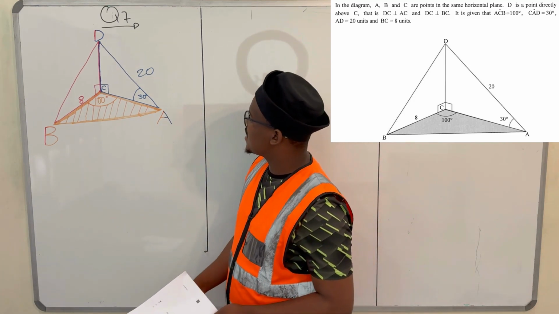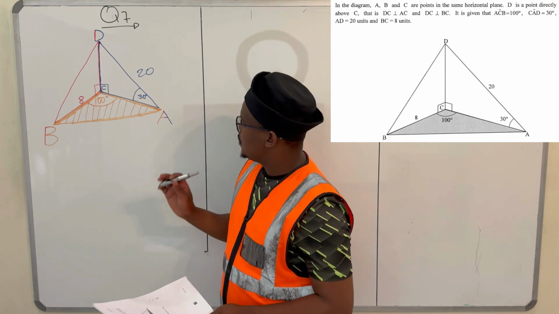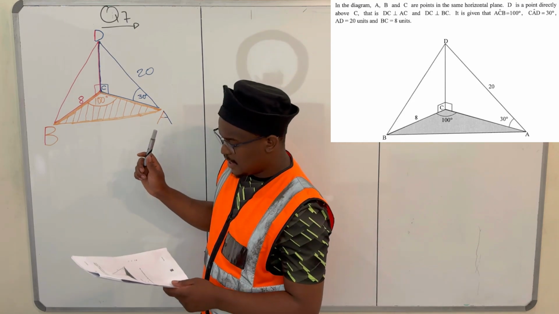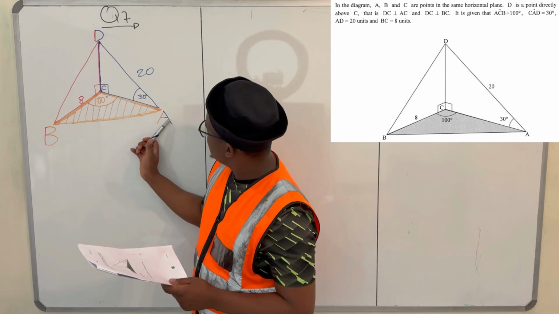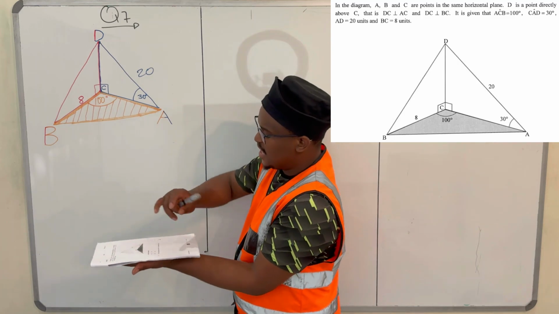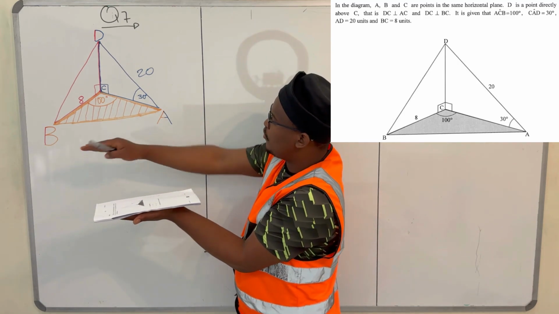So let's look at this diagram here. They're saying A, B, and C are in the same horizontal plane, which means they're on the floor. They're making the floor of this situation.